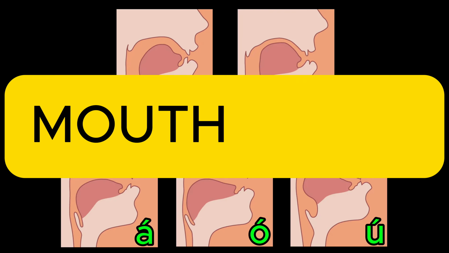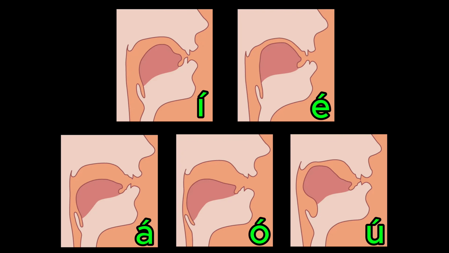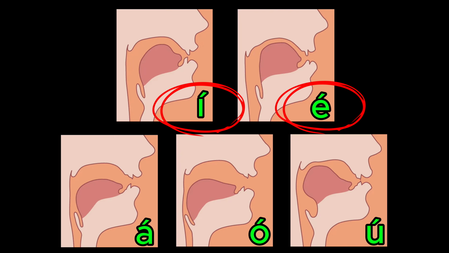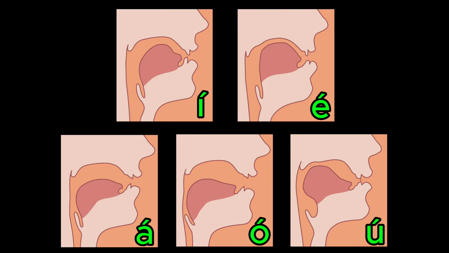If we look at the mouth parts all at once, we can see a pattern. E and I have the tongue bunched up towards the front of the mouth, and there's hardly any space. A, O, and U have a lot more space with the tongue down or back.